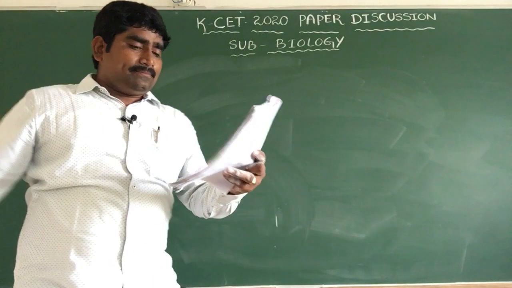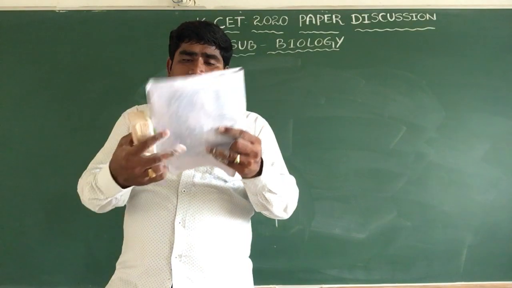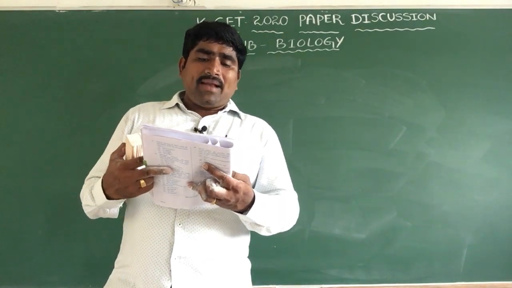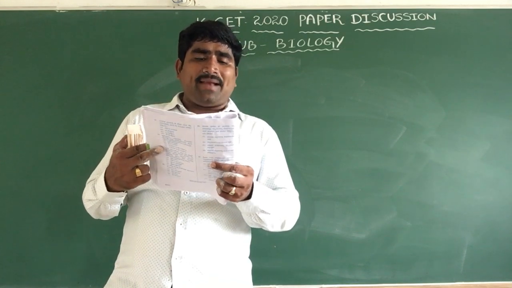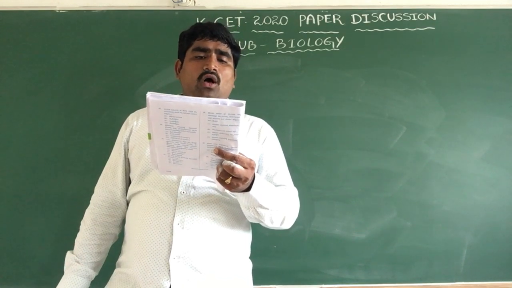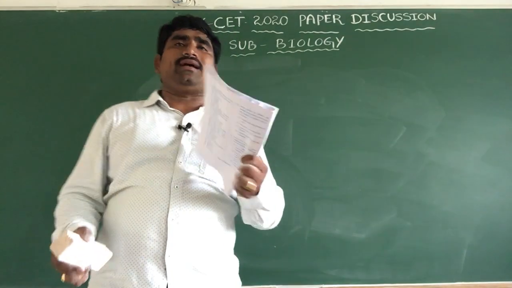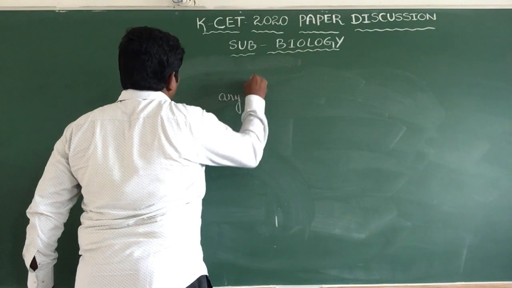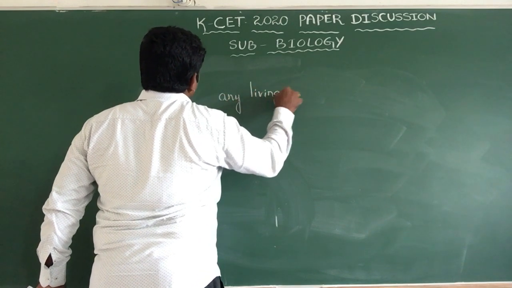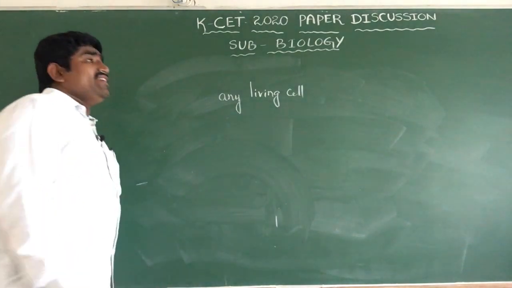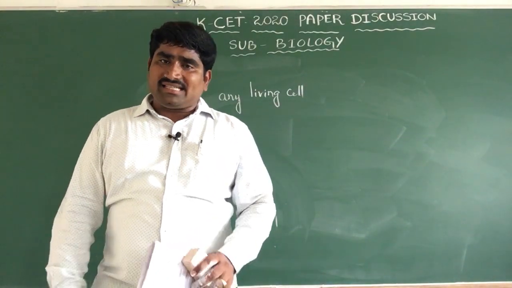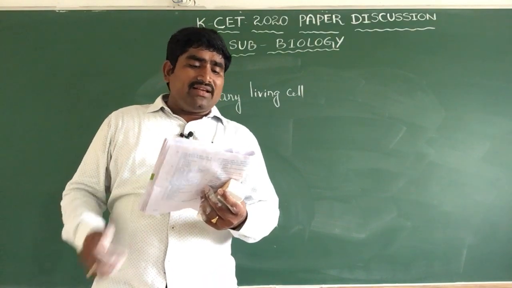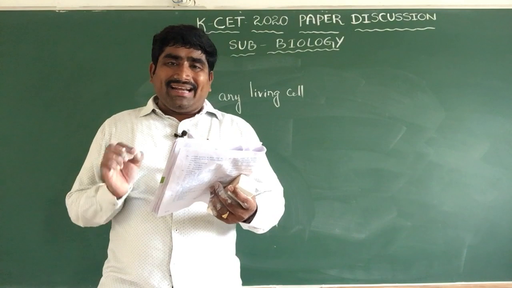The next question is, which of the following plant tissues cannot be used as explant in tissue culture? Any living cell can be used as explant. Meristem is a living cell, parenchyma is a living cell, collenchyma is a living cell.